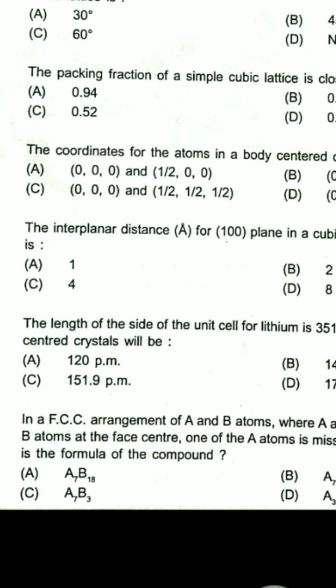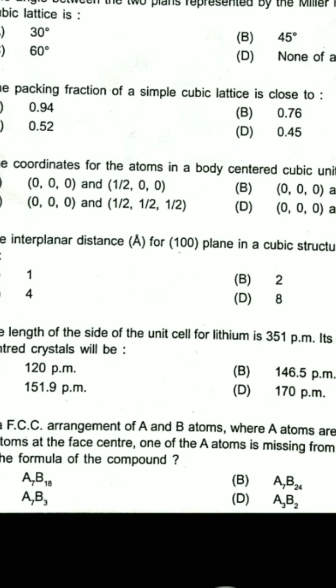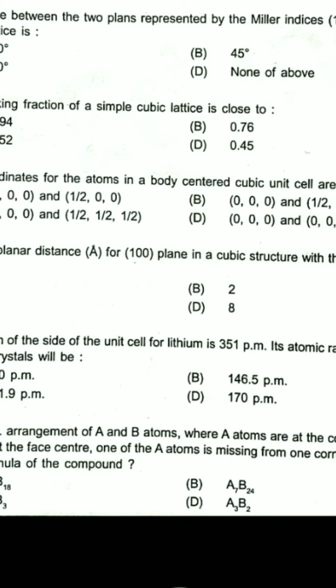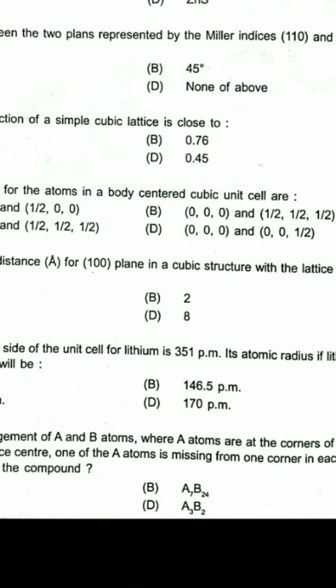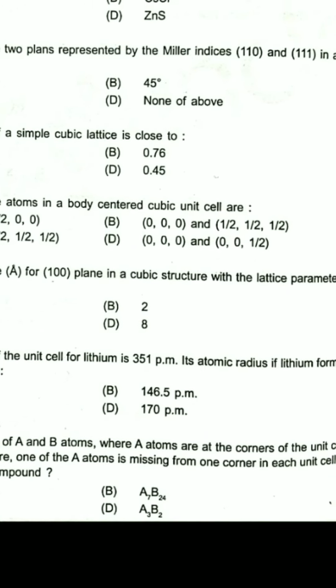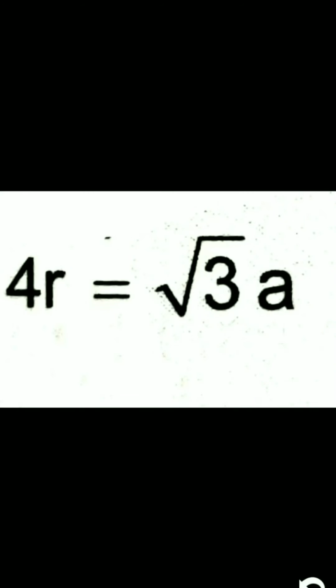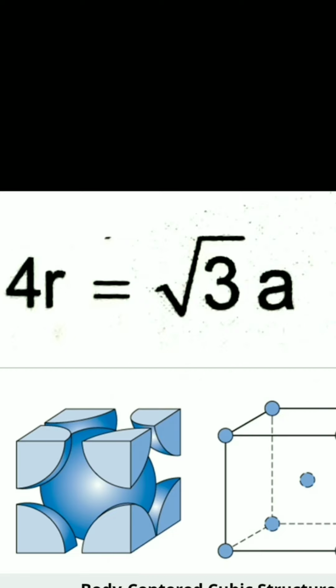Number 7 question, length of the side of the unit cell for lithium is 351 picometer. Its atomic radius if lithium forms body-centered crystal will be? In body-centered cubic crystals, atoms touch one another along the cross diagonal of the cube.